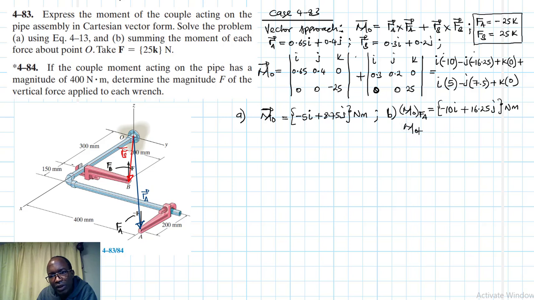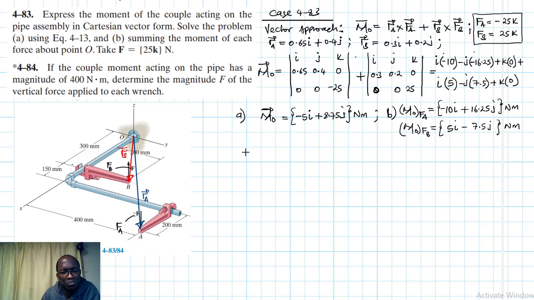Then we have moment due to FB, and this is equal to 5i minus 7.5j, Newton meters.